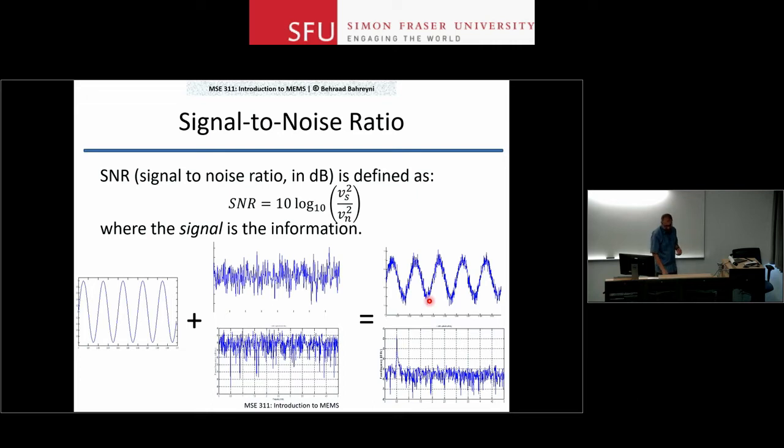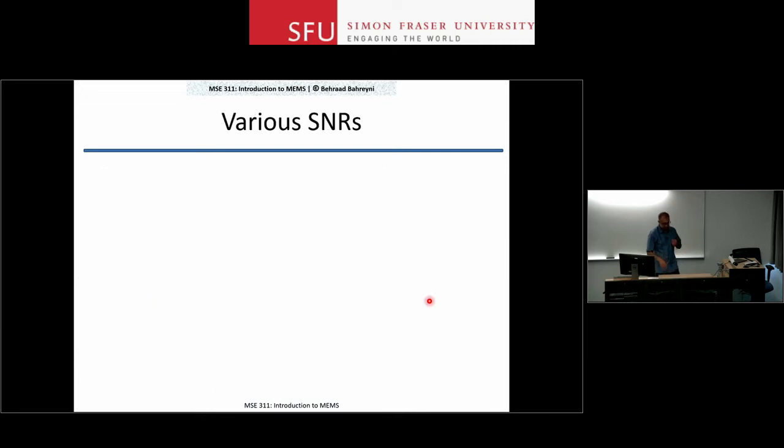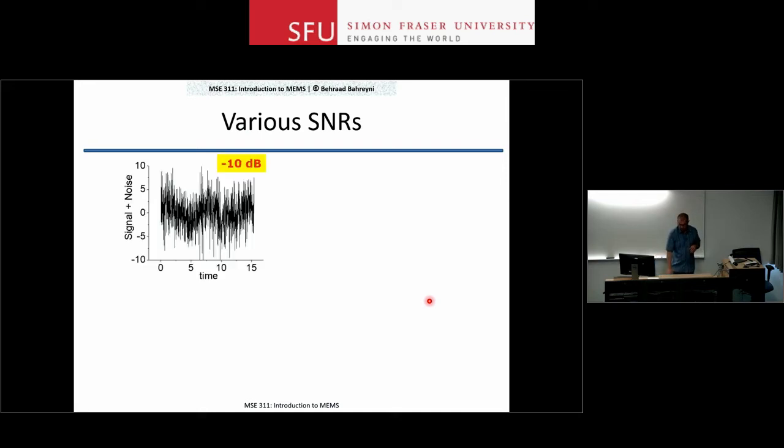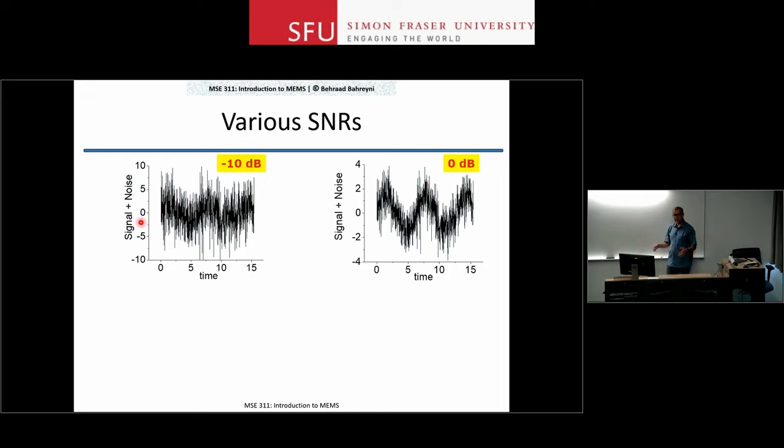Now, different SNRs, this is how you can have a feeling about what different SNRs mean. At minus 10 dB, meaning that the signal power is 10 times less than the noise power, for a sine wave, you get something like this. You can barely see a signal here, you can see that maybe there is some information embedded in that noise, but it's really hard. At 0 dB, when the noise power and the signal power are equal, you can start to see a signal.